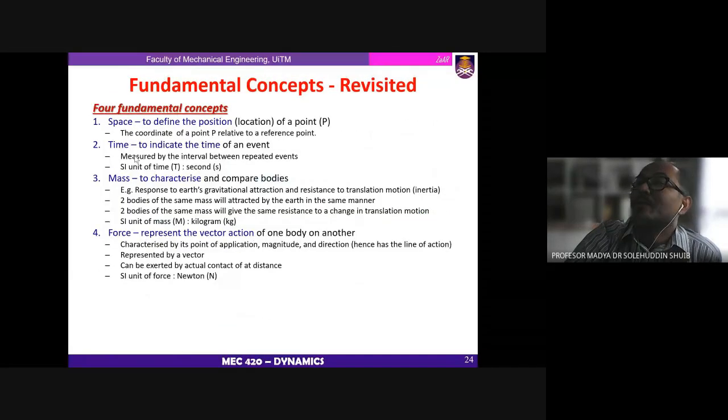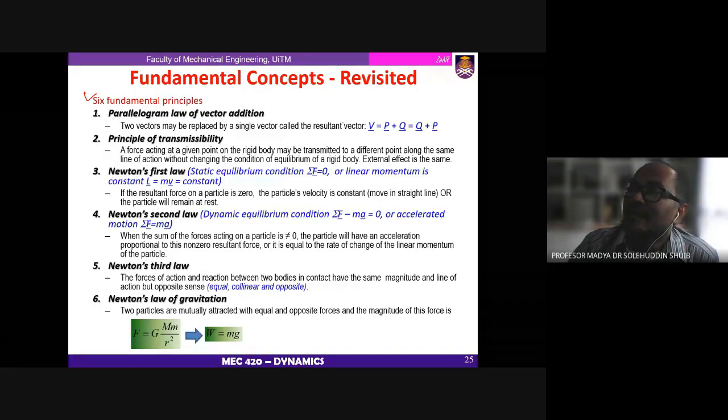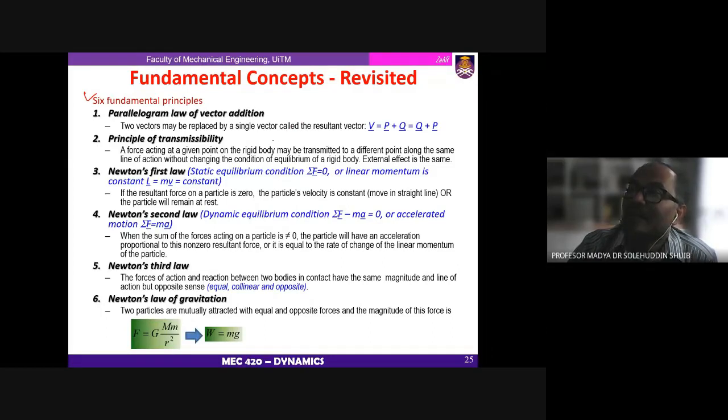We finished that one. This is a fundamental concept. And then we have here the fundamental concepts revisited. These are the six fundamental principles. If you recall vector addition, this is how to add up vectors using the parallelogram law.